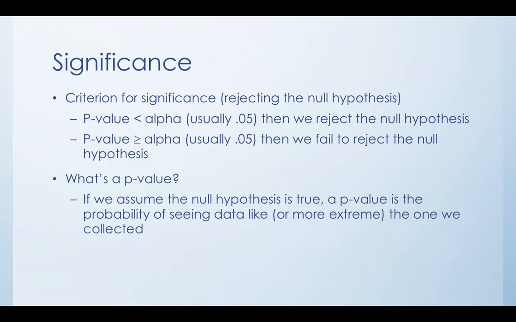If the p-value is greater than alpha, then we fail to reject the null hypothesis and we do not have statistical significance. So, p-value less than alpha, p-value less than 0.05, statistical significance. P-value greater than or equal to alpha, we do not have statistical significance.